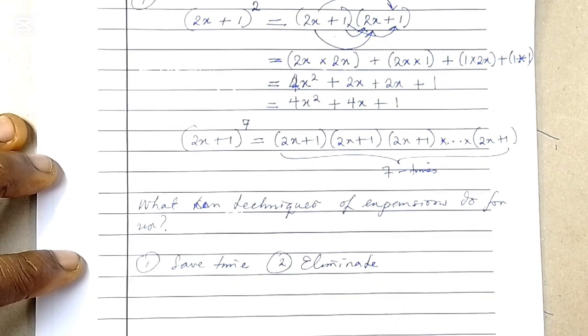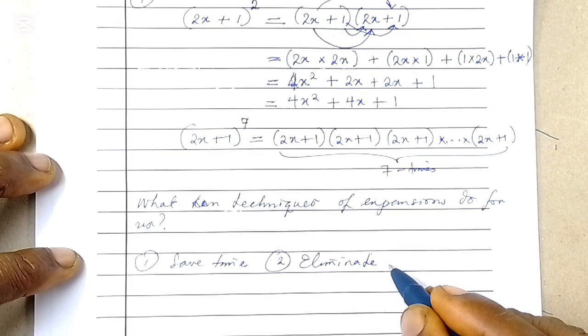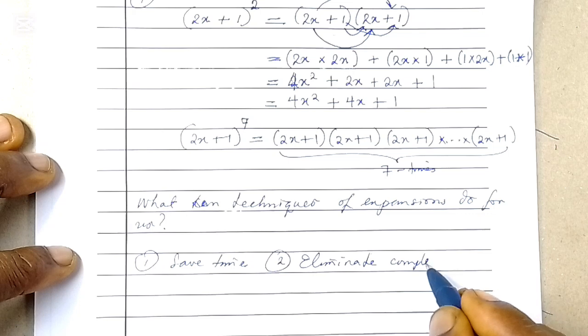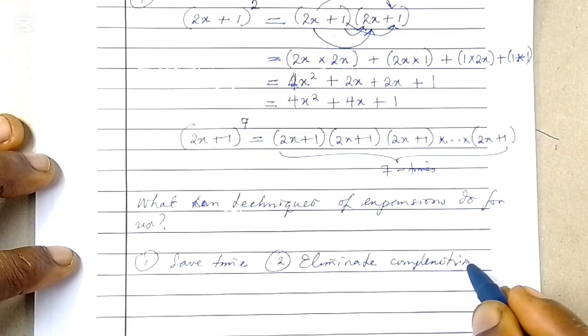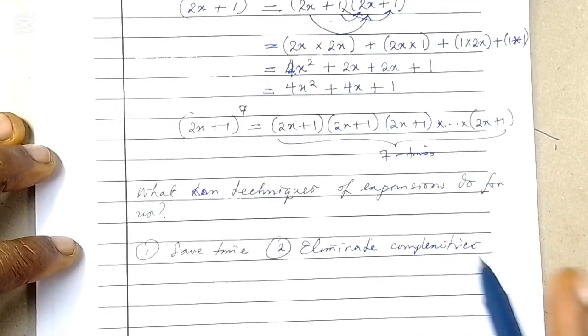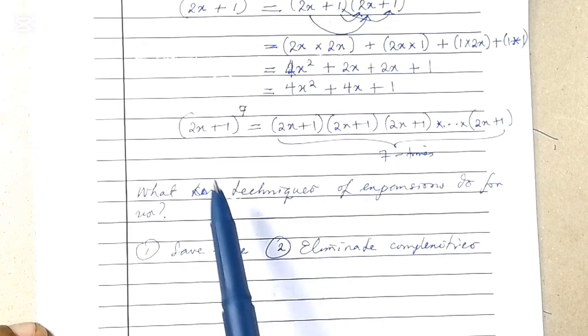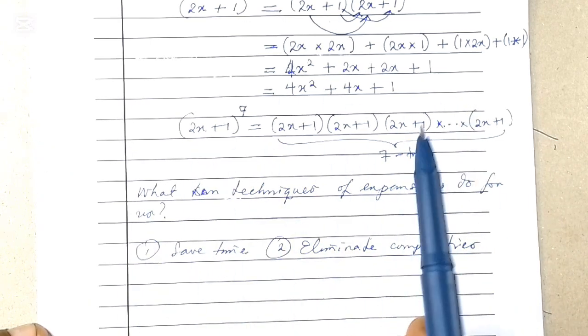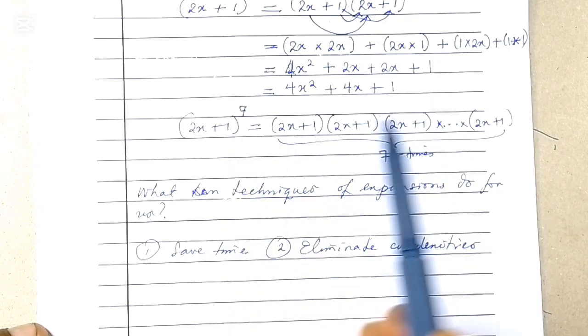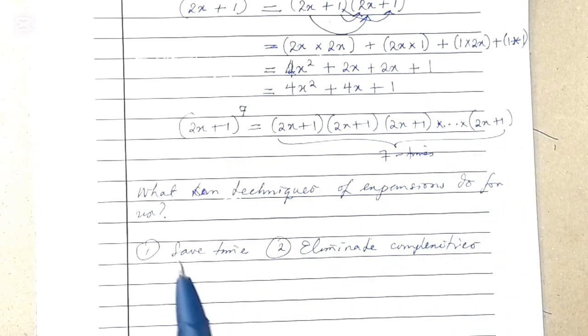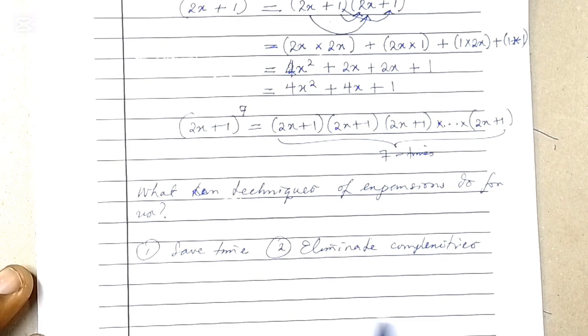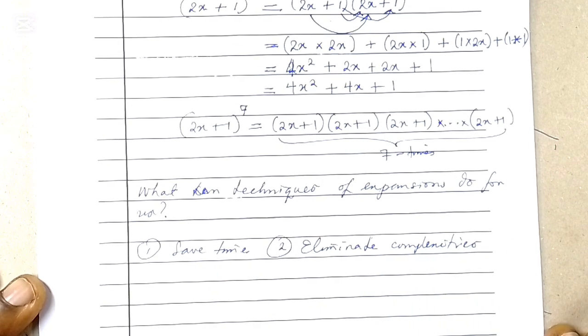So rather than working through complex methods of expanding repeatedly, 2x plus 1 times 2x plus 1 times 2x plus 1 until you get to 2x plus 1 the 7th time, using an efficient expansion technique would help you eliminate complexities.